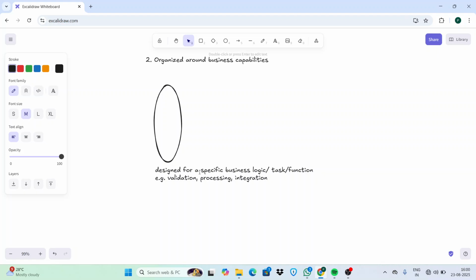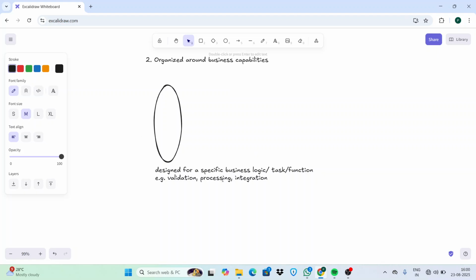So each microservice should be designed to handle some specific business function. Instead of splitting based on the technology, like front end team, back end team, the system should be split based on the business capabilities.